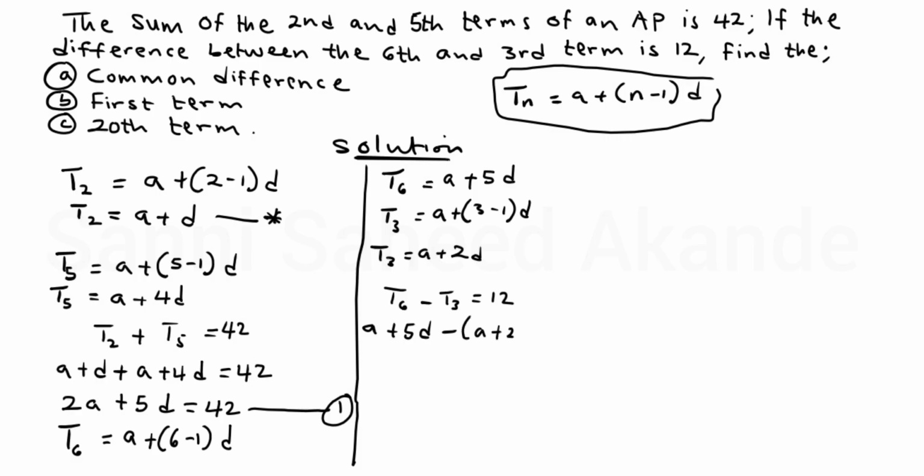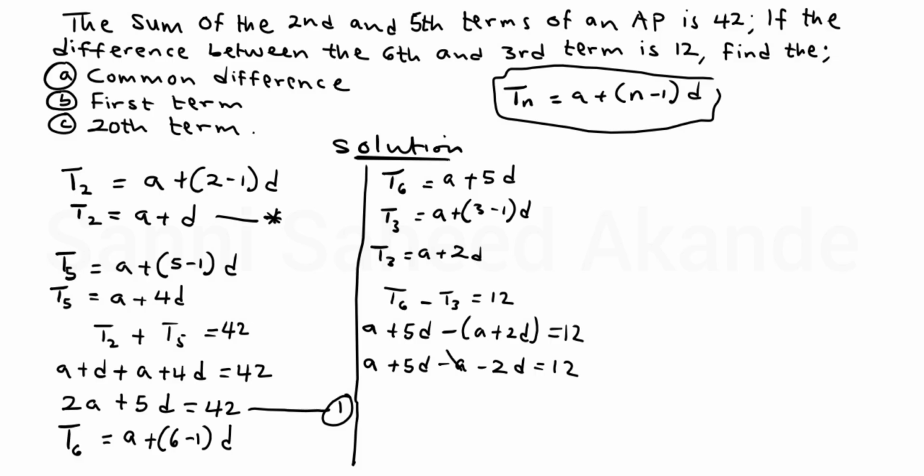Everything is equal to 12. If you open this bracket, we have A plus 5D, then minus A minus 2D equal to 12. So A minus A, automatically A cancels A out.